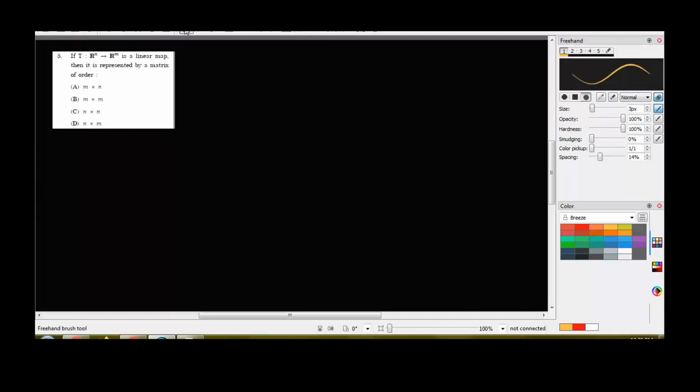So we have this linear map T, which is going from Rn to Rm, and we want to find the order of the matrix. So T is defined from Rn to Rm. So we'll have the matrix which will have the columns of this type, that is T of E1, T of E2 up to T of En, where E1, E2 up to En are the standard basis of Rn.